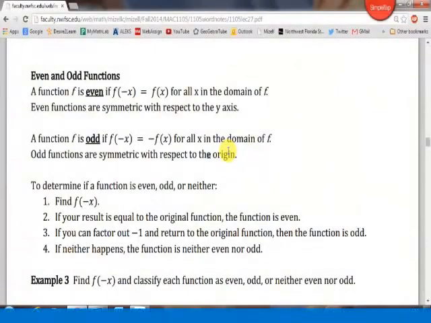Not every function that we'll run into falls into the category of even function or odd function, but there are quite a lot of common, useful functions that do fall in one of those two categories, and when a function can be classified as either even or odd, we want to call attention to that and exploit its properties. We get a lot of information for free.